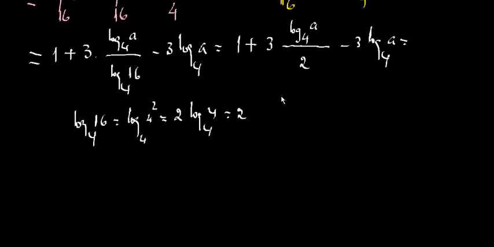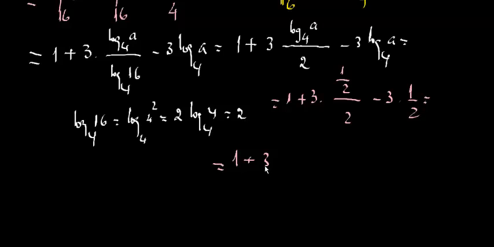We are going to have 1 plus 3 times 1/2 over 2, minus 3 times 1 over 2. It's the same as 1 plus 3 times 1 over 4 minus 3 over 2.